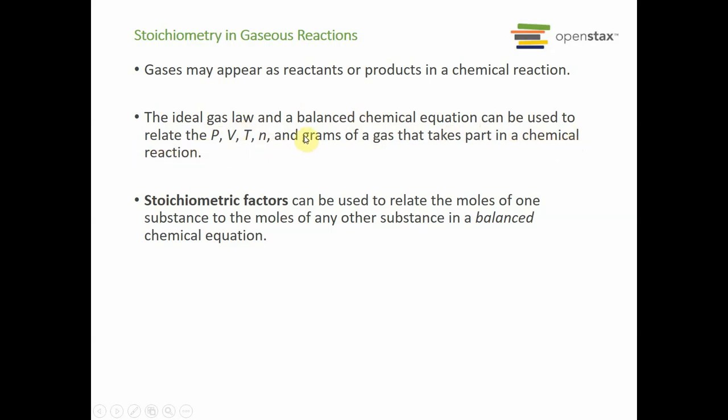So this is what I was saying at the beginning, that this is another way of calculating number of moles. Stoichiometric factors can be used to relate the moles of one substance to the moles of any other substance in a balanced chemical equation. This is what I call moles are the currency of chemistry.